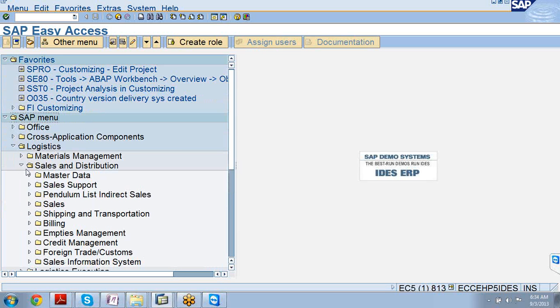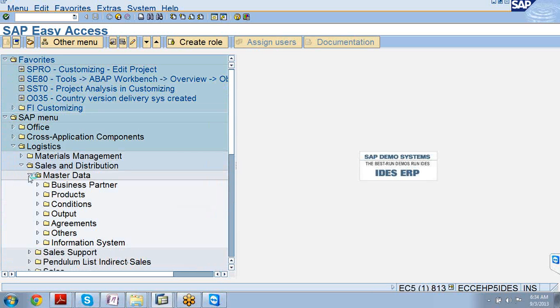Write the list of master data. Master data has 5 important areas: business partner, products, pricing conditions, output, agreements. Take these 5 parts.